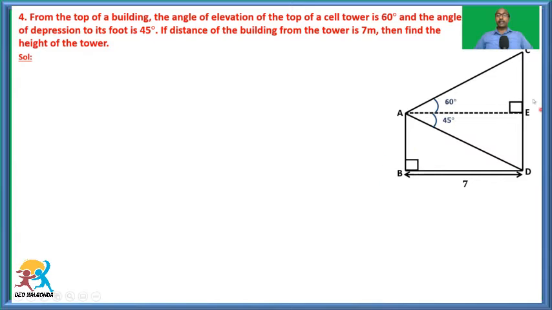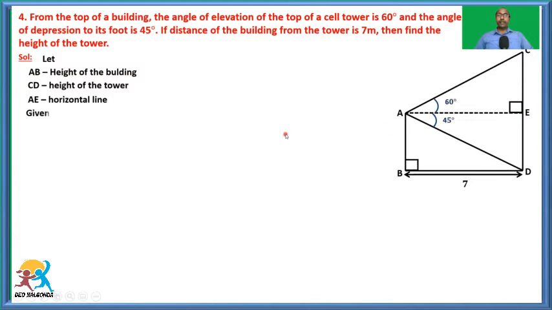Here it is 90 degrees, both are. Now let AB is height of the building, CD is height of the tower, AE is horizontal line. Given the measurements are, angle CAE is 60 degrees and angle DAE is 45 degrees.